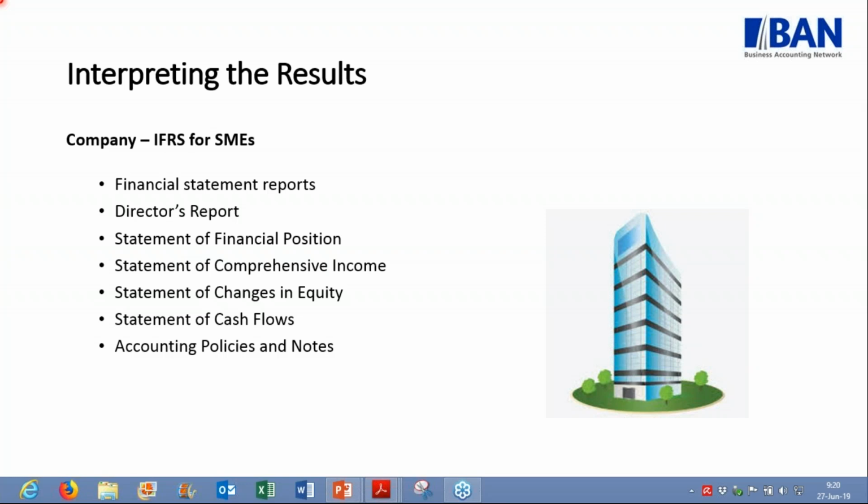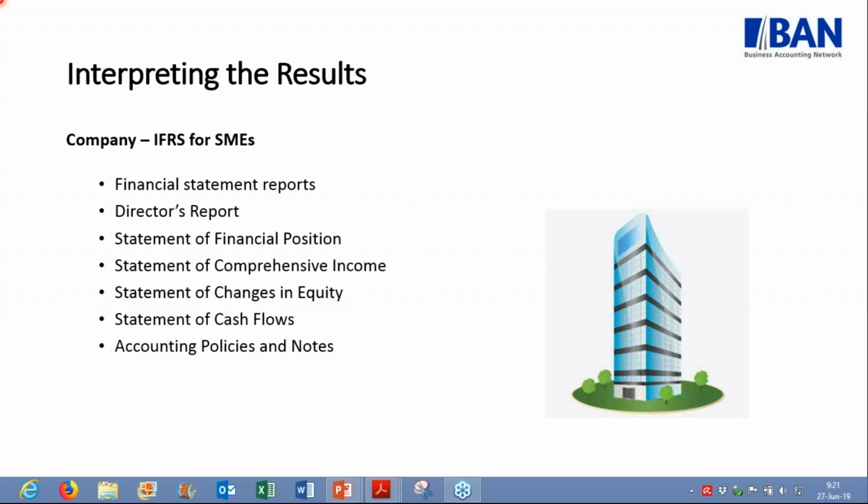And then at the end, you'll find your accounting policies and the notes or the additional information to those financial statements. And in some cases, you might even have extra information, like a tax calculation or a detailed income statement, depending on the format of that specific financial statement.